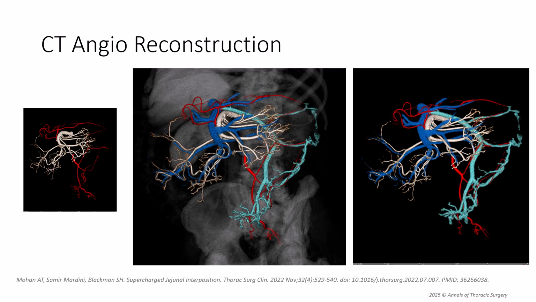CT angio reconstruction is almost always helpful, especially when you're worried about whether or not you'll be able to use your gastric conduit. And in this circumstance, a CT angio 3D reconstruction color coding the different vessels will help you to determine whether or not you have a viable gastroepiploic artery, a good adequate jejunal arcade for jejunal reconstruction, or an adequate marginal artery for colorectal reconstruction using a colon interposition graft.